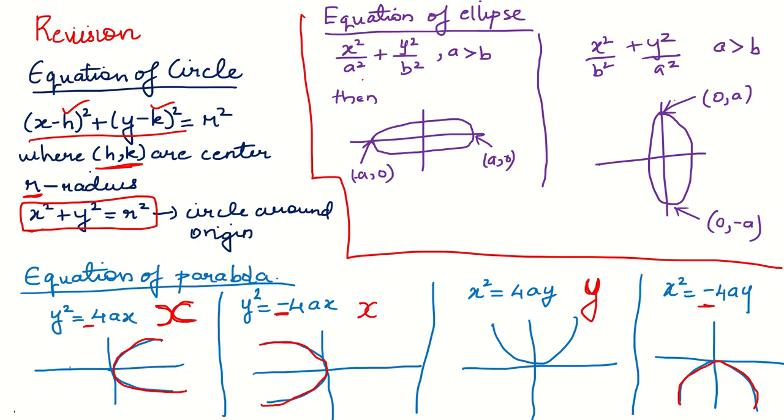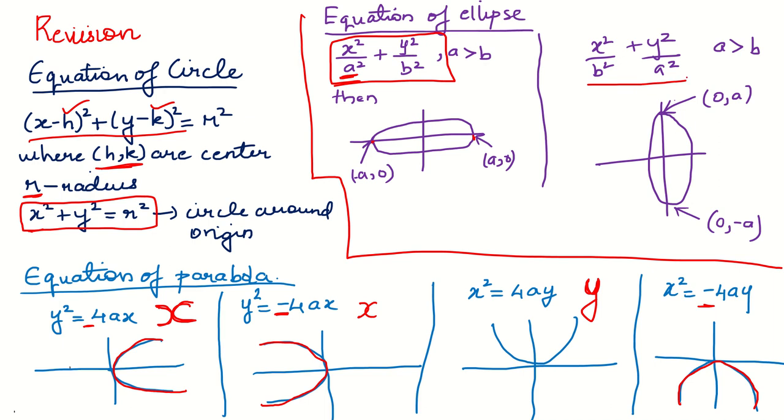Now the equation of an ellipse is x square upon a square plus y square upon b square. If a square is greater than b square, then the ellipse has its major axis on the x-axis, and the end points of this ellipse are called the vertices, having coordinates a comma 0 and minus a comma 0.